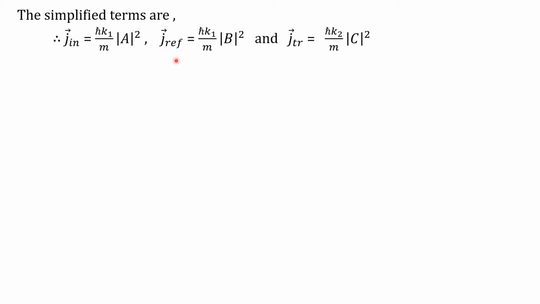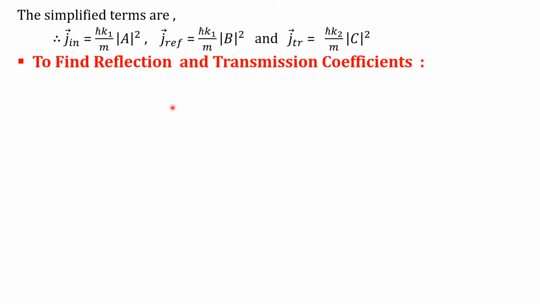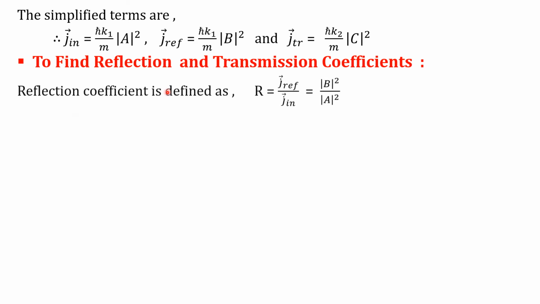As we know the probability current density for incident, reflected, and transmitted waves, we find the probability of reflection and probability of transmission. Hence, the reflection coefficient we define as R, equal to the probability current density for reflected particle flux divided by the probability current density for incident particle flux. We know that J reflection is h cross k1 by m into modulus of B square, and J incidence is h cross k1 by m into modulus of A square.